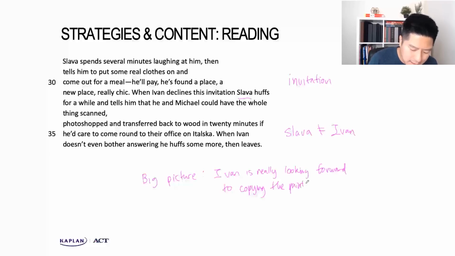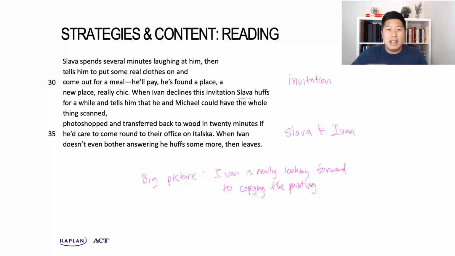And that is the main thing I want you to take away from this. The author's taken the time to really show you how much Ivan cares. And if we can get that understanding, well, now let's take that and go to the questions, where I'm really excited to show you the other tip for the ACT reading section.